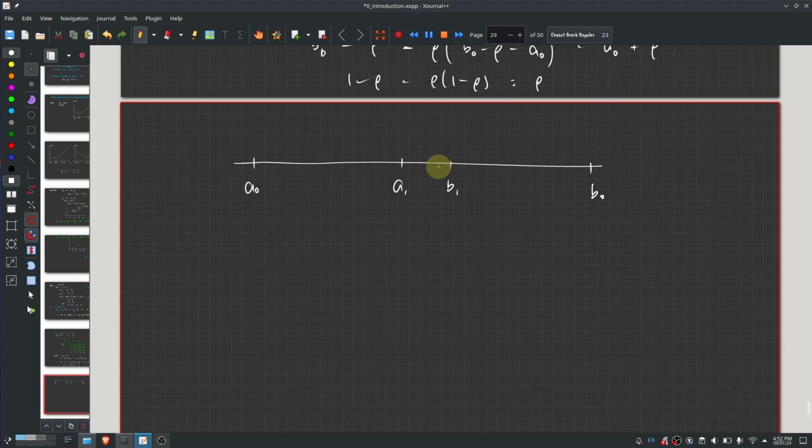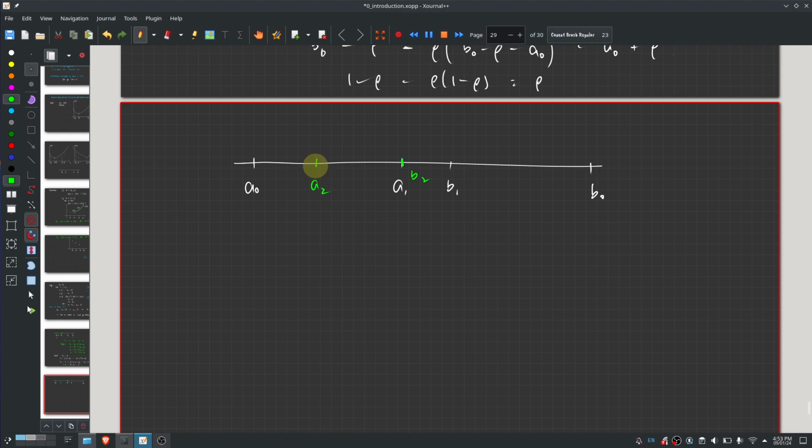Now I again further shrink this interval and I get A2 and B2. Now in the second iteration, how many points do I need to evaluate? I only need to evaluate at A2, correct? I don't need to evaluate at B2 because it's A1, which I had evaluated in the previous iteration. Correct?